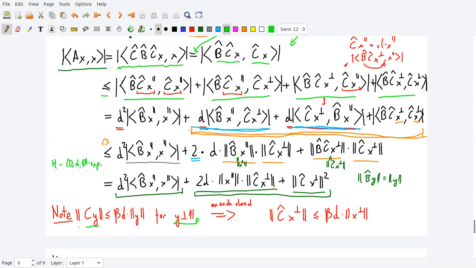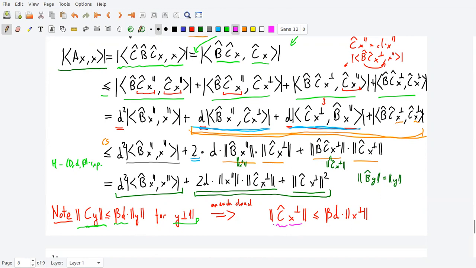Then if I apply C and take the norm, the norm cannot increase by more than a factor of beta d. So this means that my matrix C hat acts on every cloud separately, independently, and the vector x perpendicular on every cloud separately is orthogonal to all ones on this cloud, so this will be aggregated in the same way.